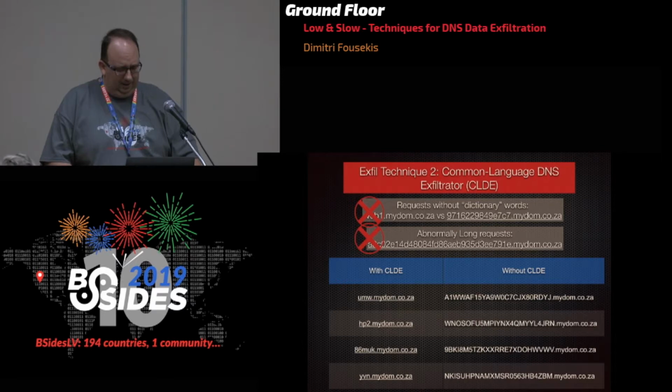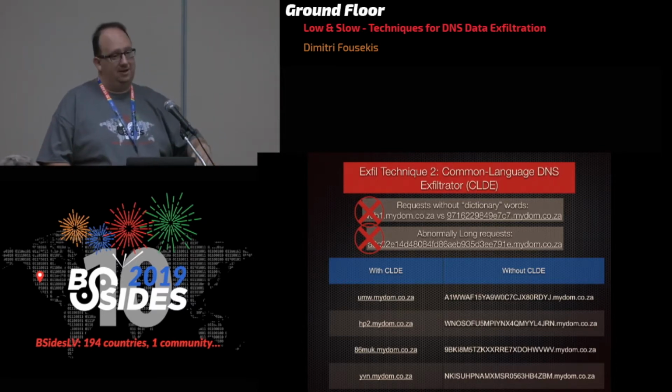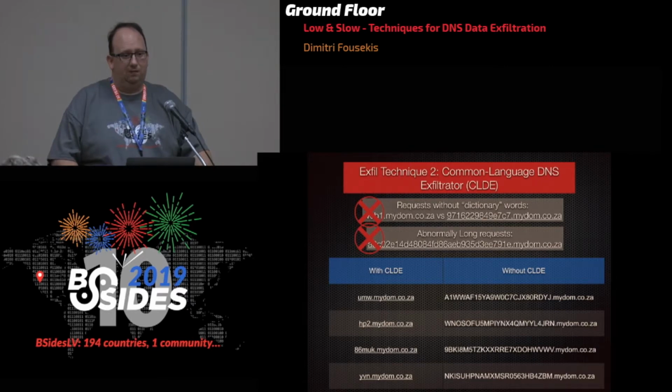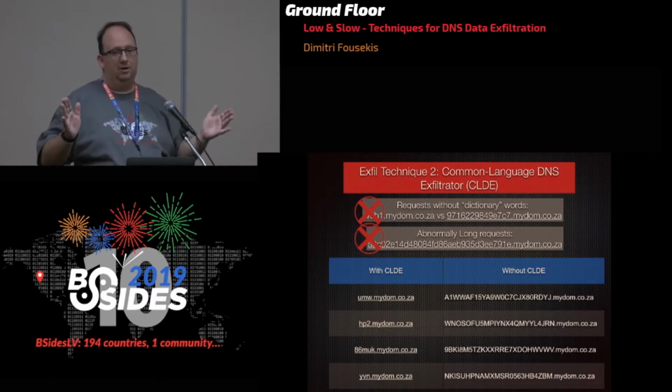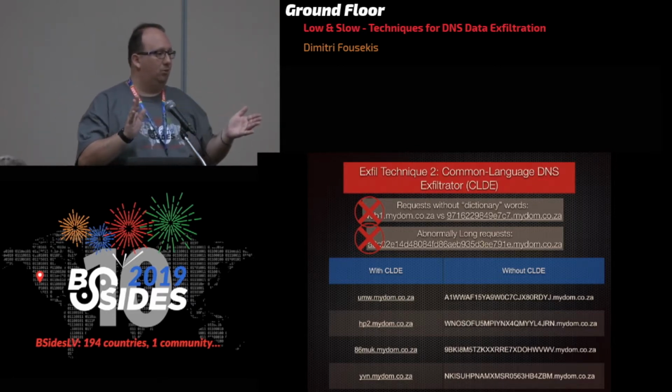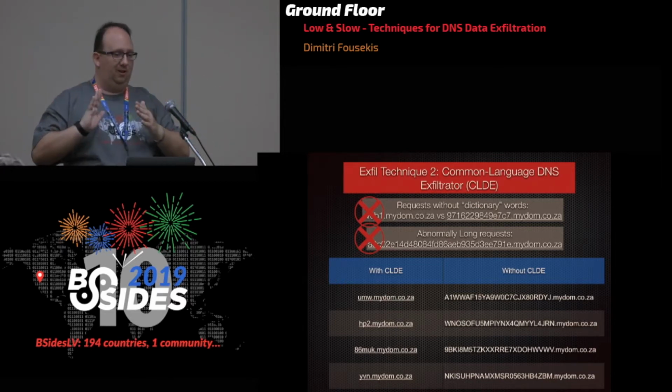Now, the key thing here is that this is where the slow in low and slow comes in, because this is going to take a while, because obviously you haven't got much data to work with to send out in each of the queries. And as soon as you go too long, you're now passing the threshold from where statistically it's an English word or it's now too long and the entropy is too high.